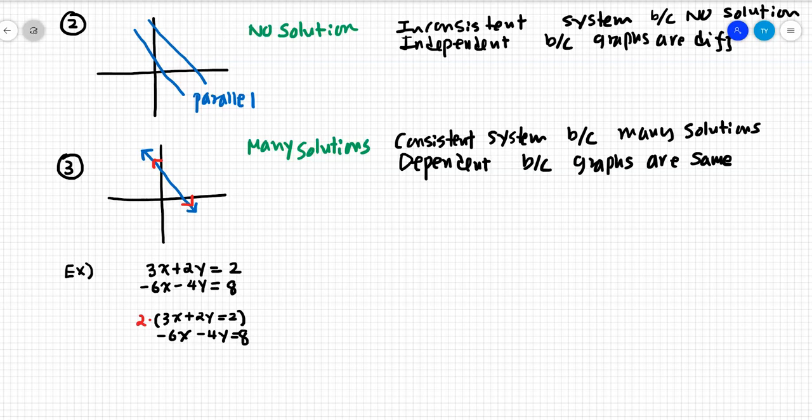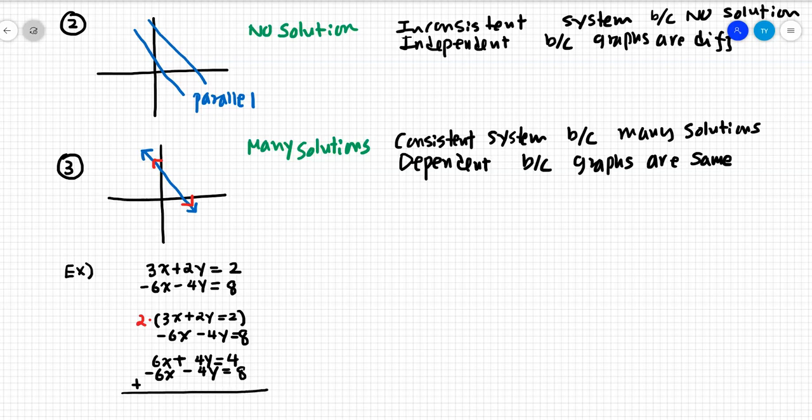Alright, let's multiply this out and see what we get. 2 times 3x, you get 6x, plus 2 times 2y, we get 4y, and 2 times 2, you get 4. And then the second equation, we got minus 6x minus 4y equals 8. Now we are going to add these two.